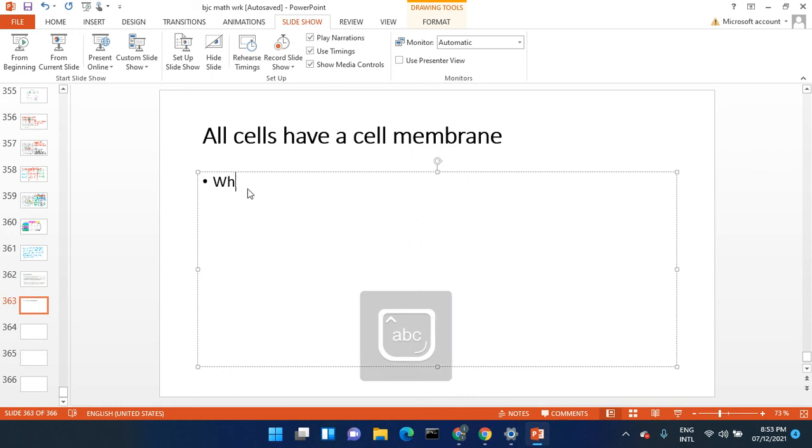Whatever sort of animal. So this is health science now. Sorry about that. Whatever sort of animal or plant they come from.